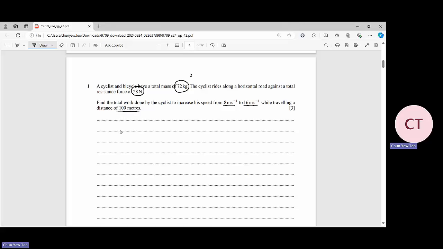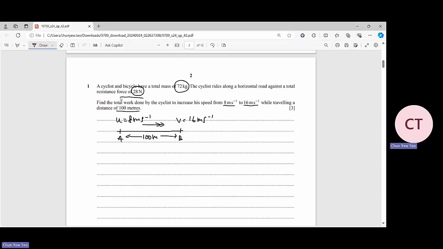Okay, so over here, we can have a diagram. You are having a total of 100 meter. Speed at the beginning is u, and when you reach the end, it will be 16. You are going in this direction.